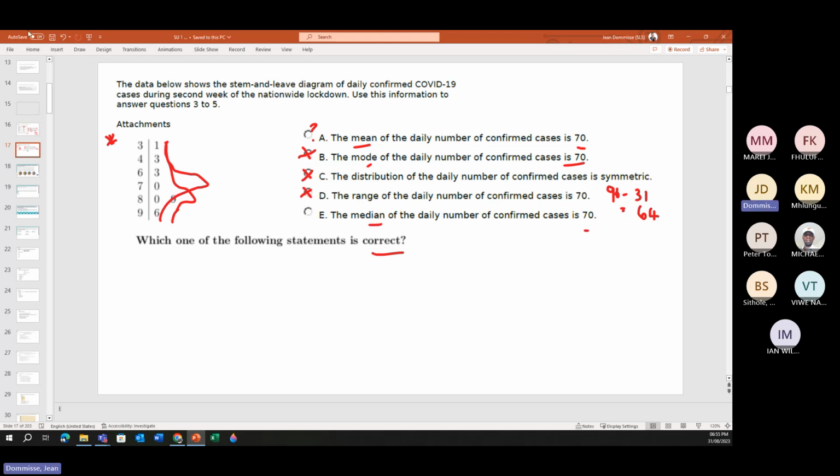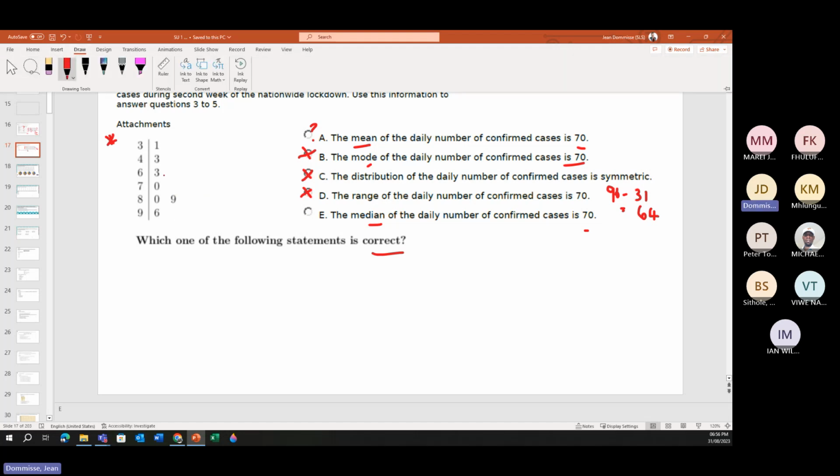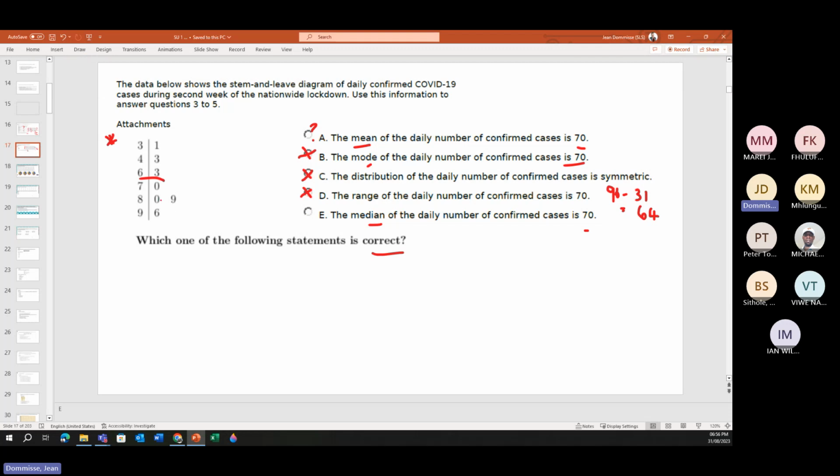Median 70. So median is your number in the middle. So we've got 7 numbers. So 3 numbers to the left of it, 3 numbers to the right of it. So your median in the middle is 70. So that is correct. We could have then also worked out your mean.